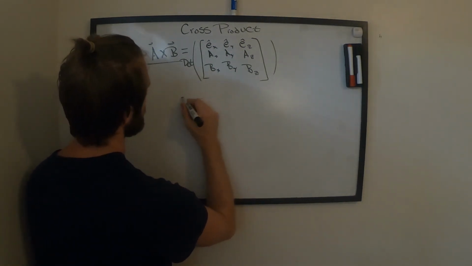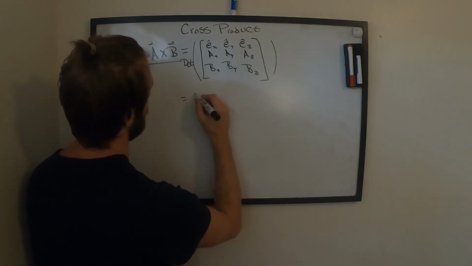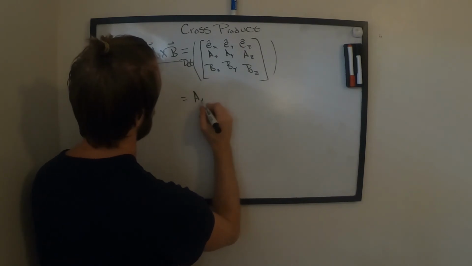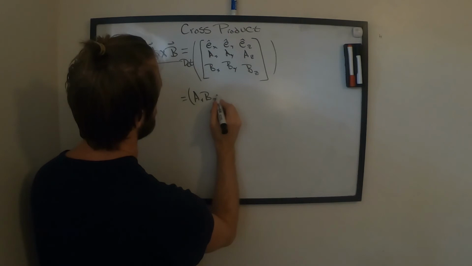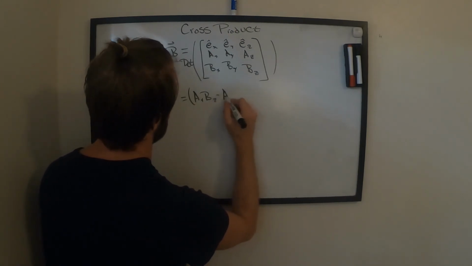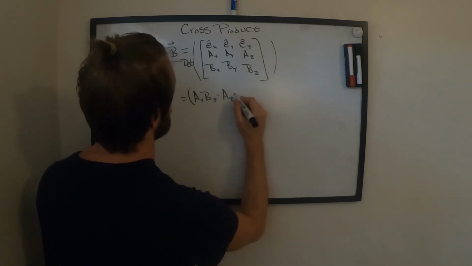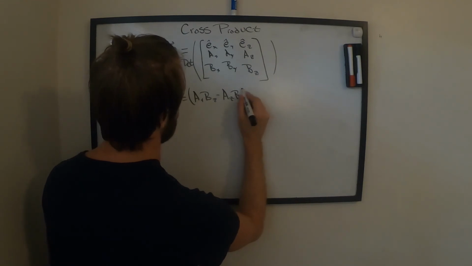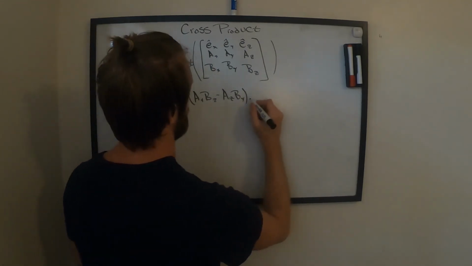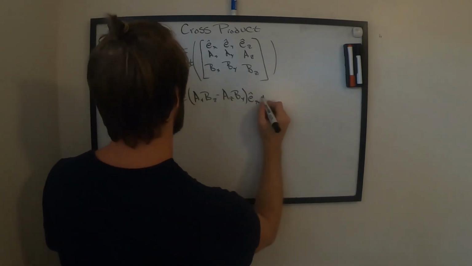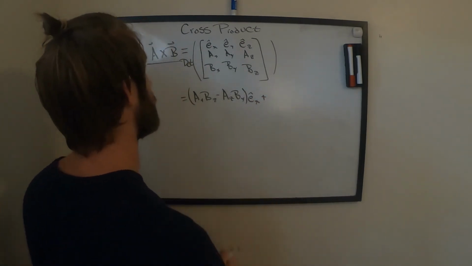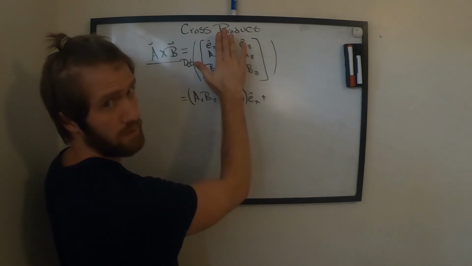That is going to be equal to a sub y times b sub z minus a sub z times b sub y, and then e hat sub x. This should start to look familiar here. Then we're going to add that now for our y basis vector.